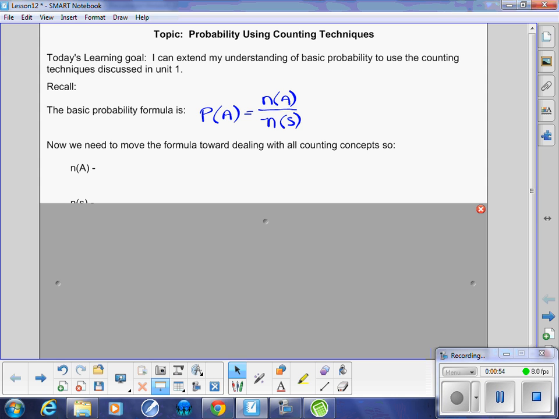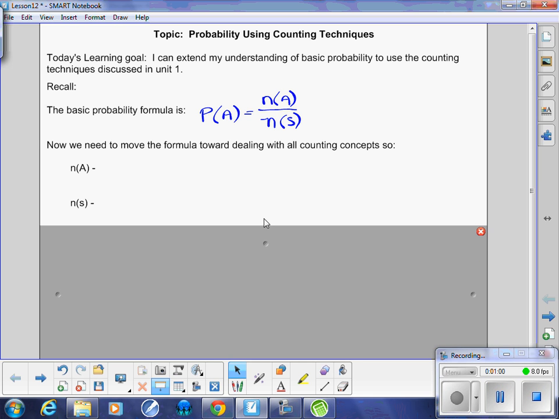So n(A) is our number of successes, and n(S) is our total number of outcomes.